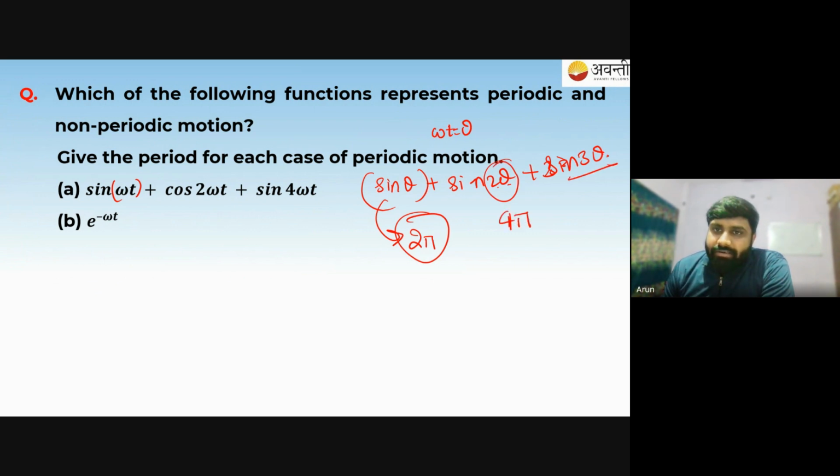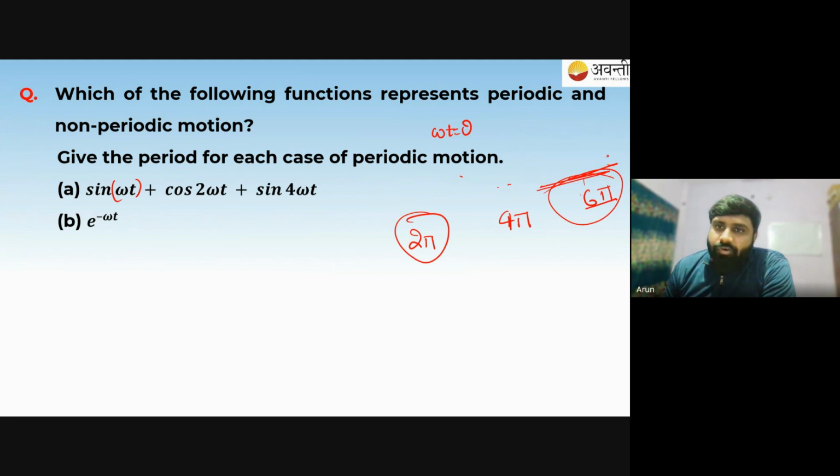This sine 3 theta will repeat its value after 6 pi. Which means when the biggest function completes one revolution at 6 pi, this smaller function has covered 3 rotations, 2 plus 2 plus 2. Got it?